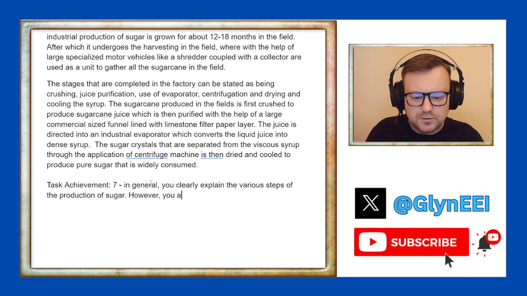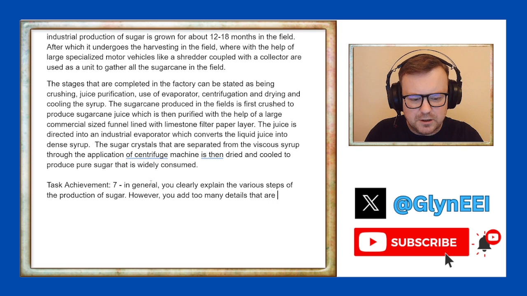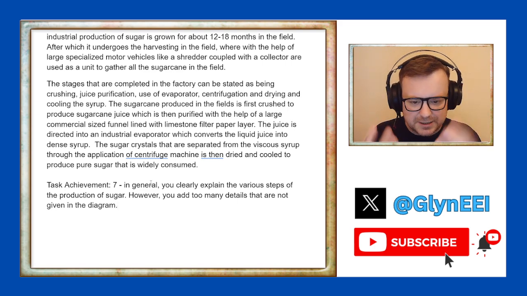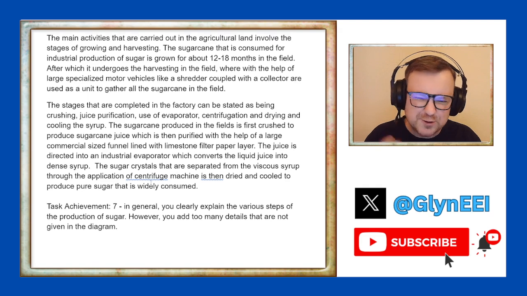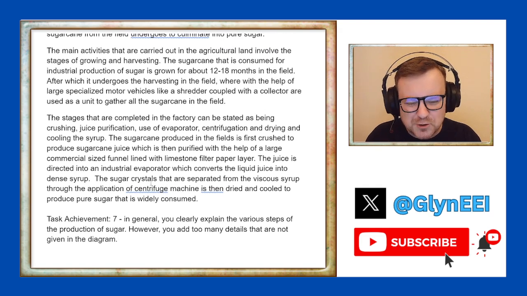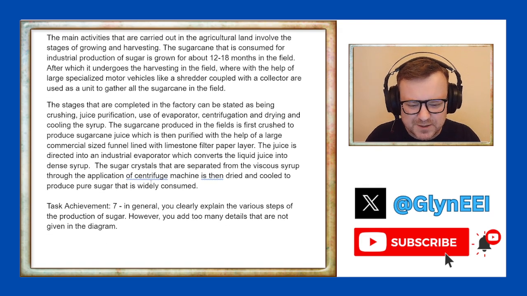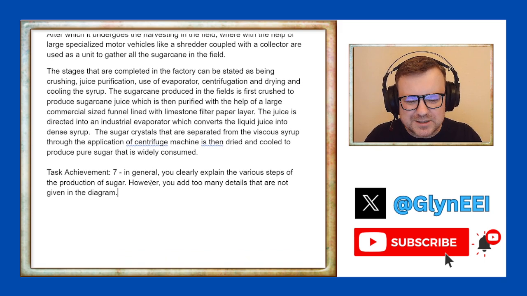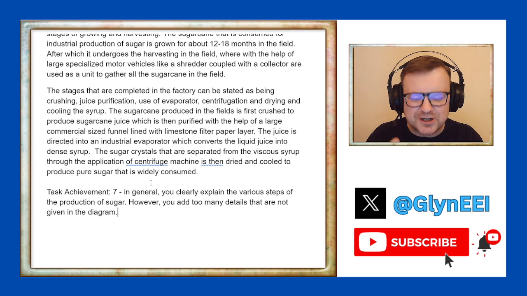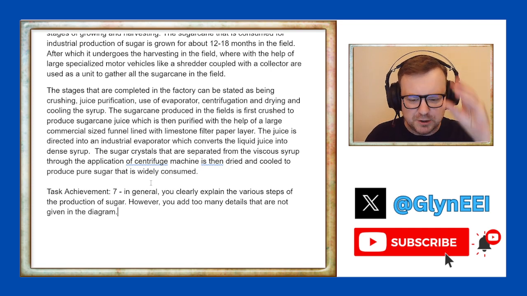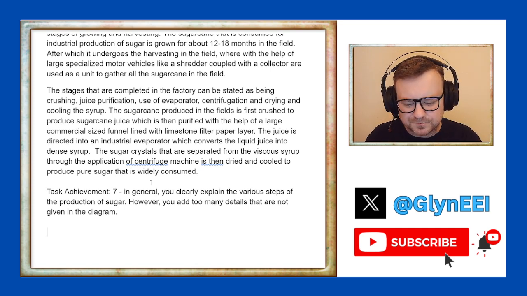However, you add too many details that are not given in the diagram. So don't add, and this makes it super long, 258 words. It is almost twice as long as it should be. So because of those extra irrelevant details, that's pulling your task achievement down to a 7.